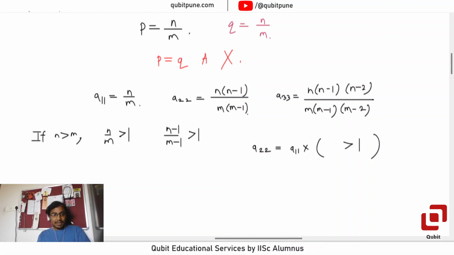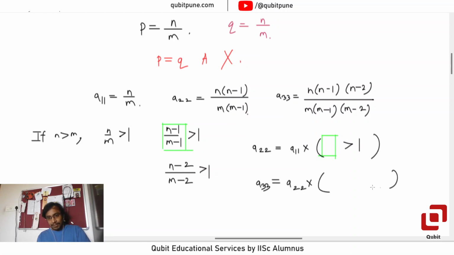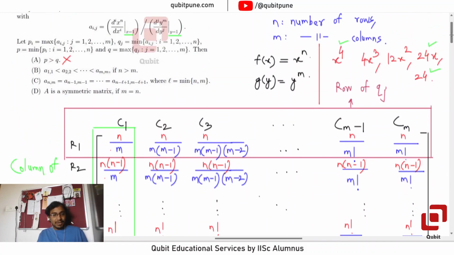The same logic applies to n minus 2 upon m minus 2. So A33 is A22 into something which is greater than 1. So essentially we are getting a sequence of numbers which are greater than all the preceding numbers. So is B right? Yes, B is right.